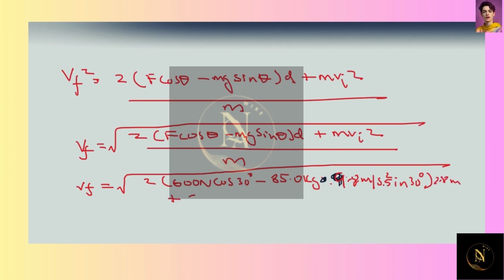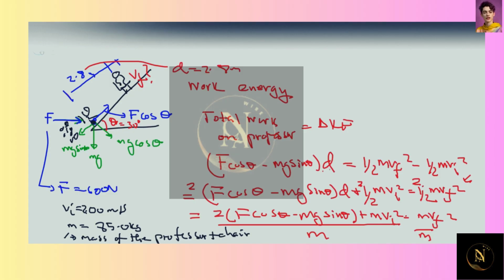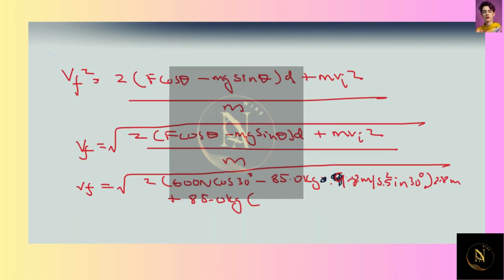We have to add the mass again, 85.0 kilograms, times v initial, the initial velocity, if you can recall from the beginning of the problem, which happens to be 2.00 meters per second. We need to square that. Everything is divided by 85.0 kilograms. And we want to know what's the speed at the top.